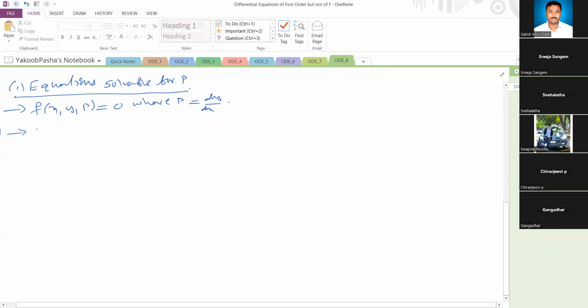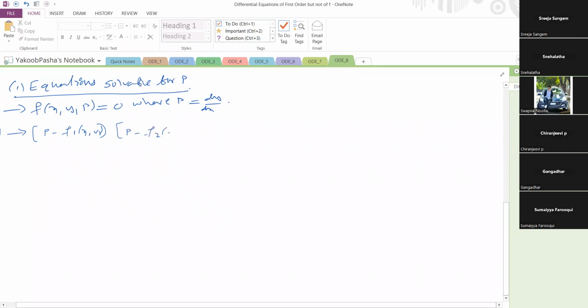That is, we can write it as p minus f1 of x comma y into p minus f2 of x comma y into p minus f3 of x comma y into and so on. The last term is p minus fn of x comma y is equal to 0.